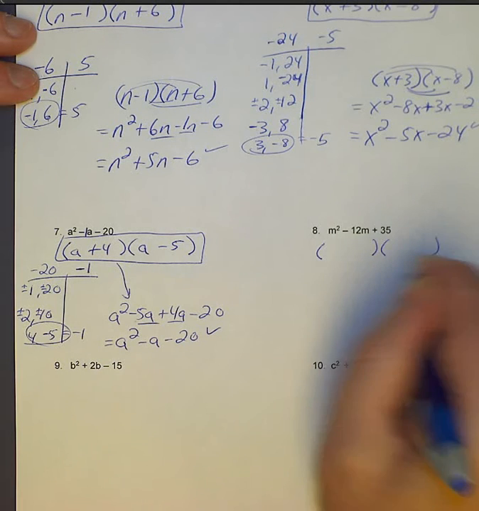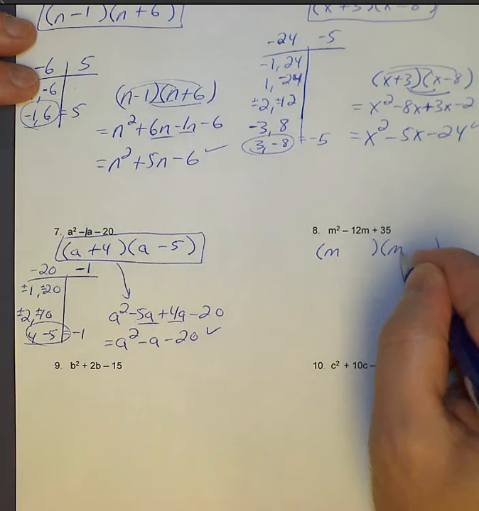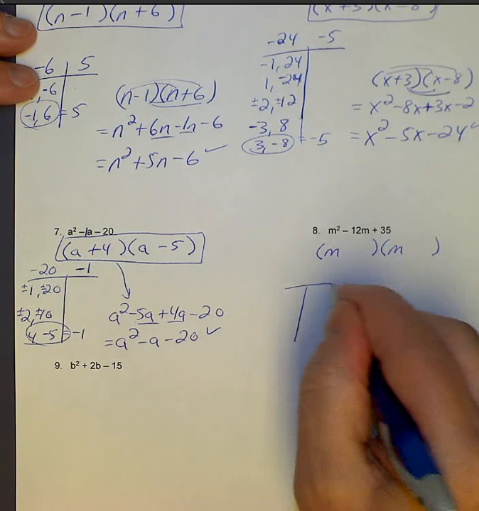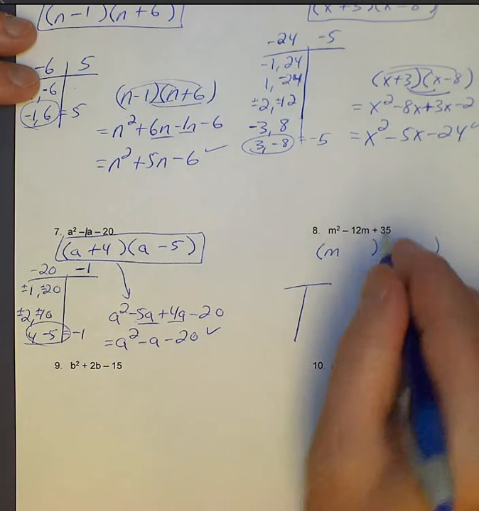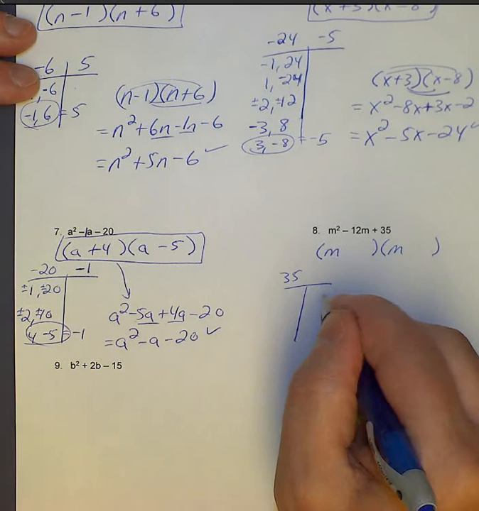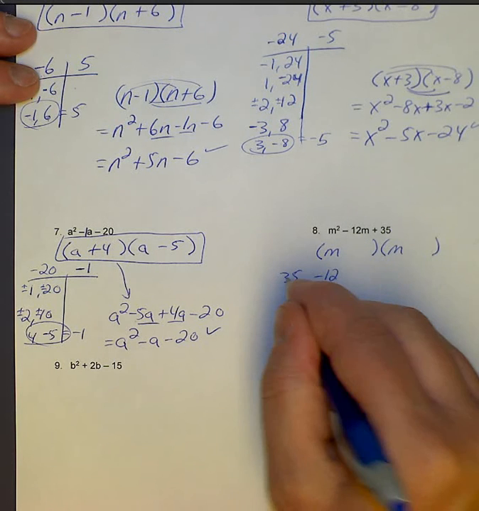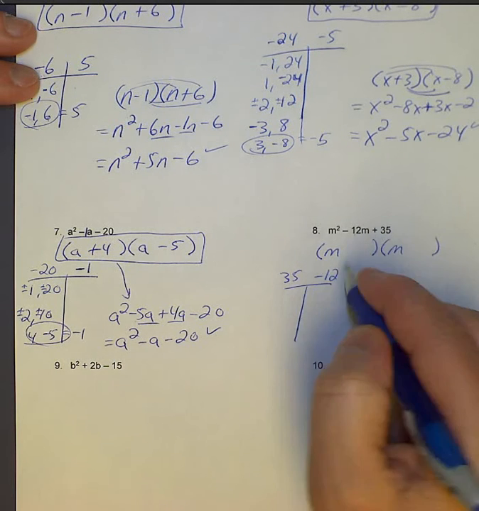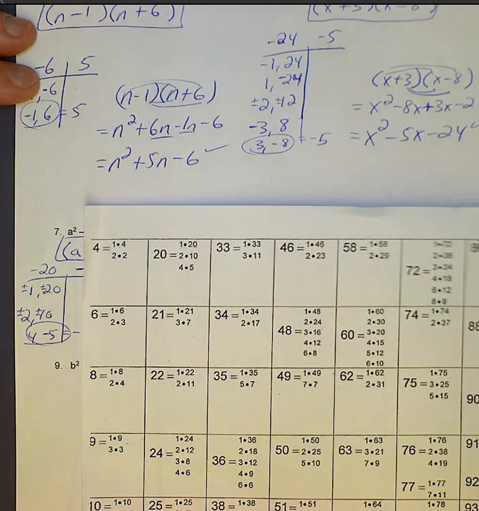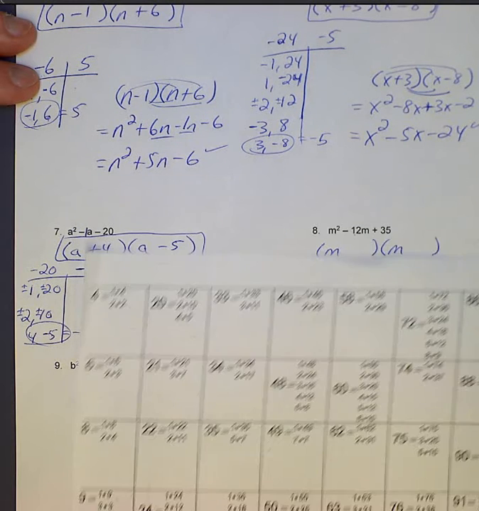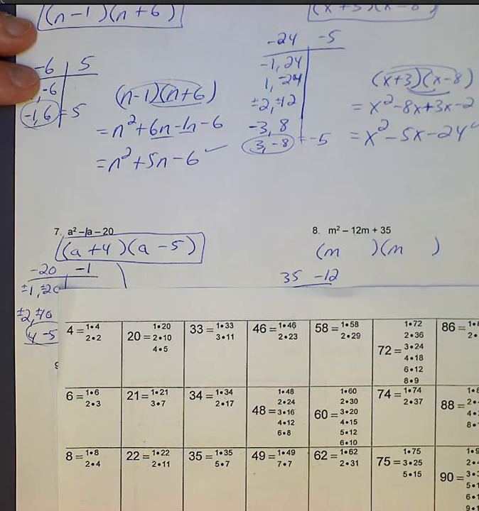Number 8. I'm going to have an m and an m. I'm going to use my product sum chart. Factors of 35 that add to negative 12. Factors of the constant term that add to the middle term. So if we want to use our little chart, we could find 35 on here.